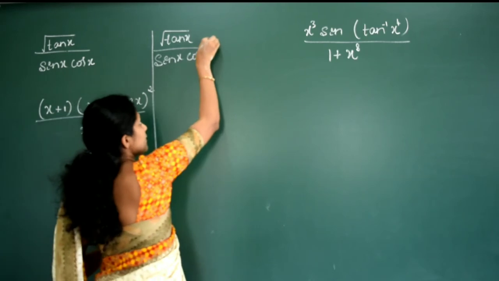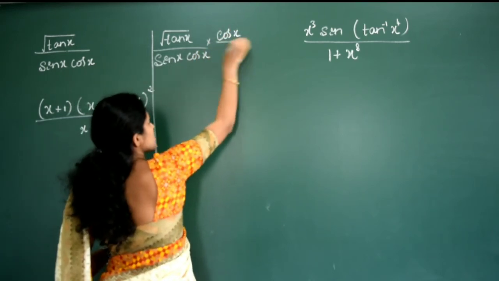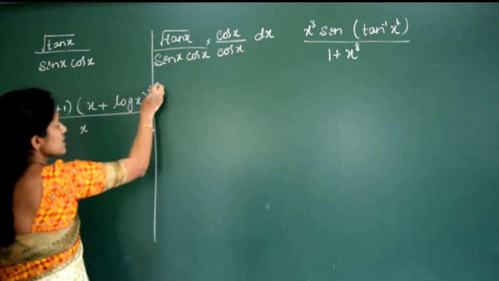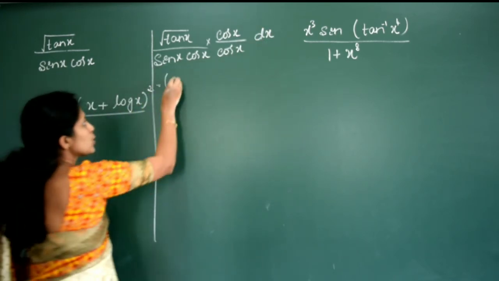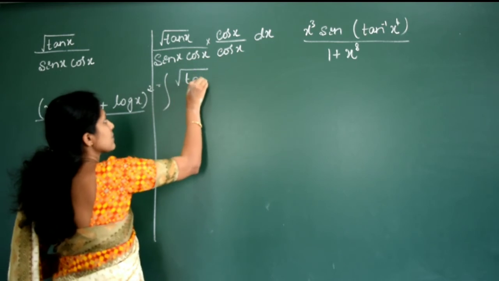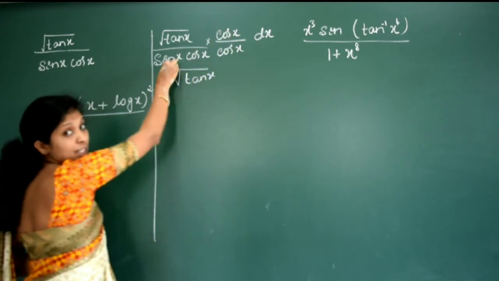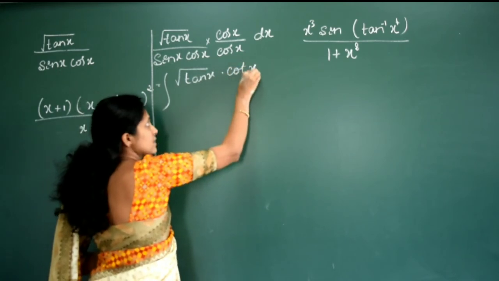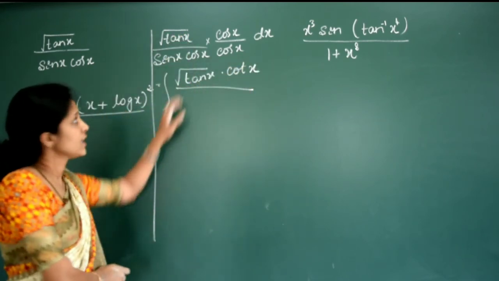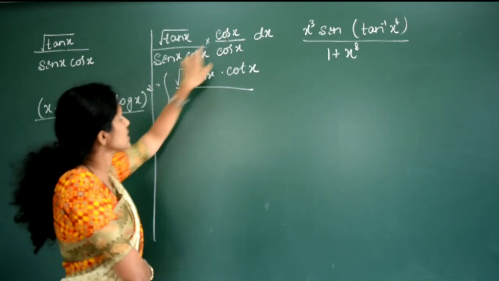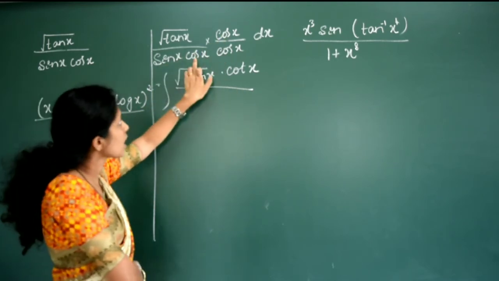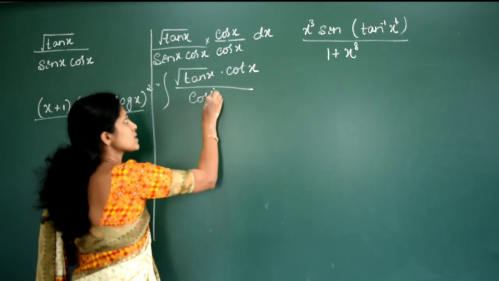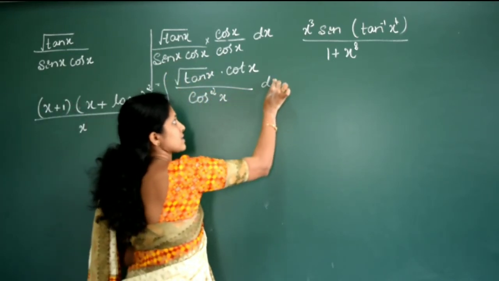Now this is equal to integration of root tan x as it is, and here cos x divided by sin x, cos by sin will be equal to cot x, right, and then cos into cos x will be equal to cos square x, right, into dx.